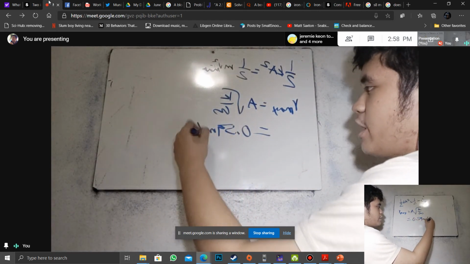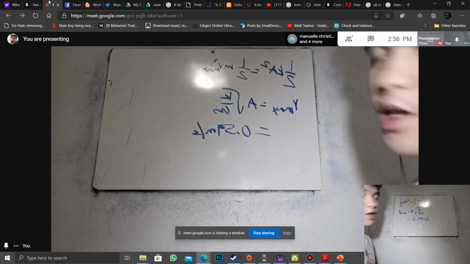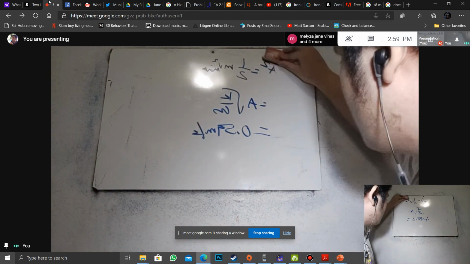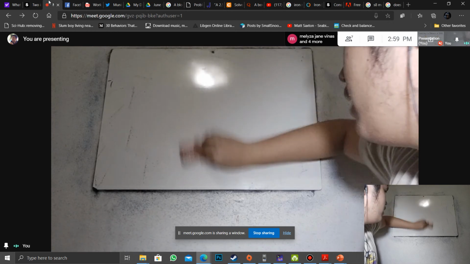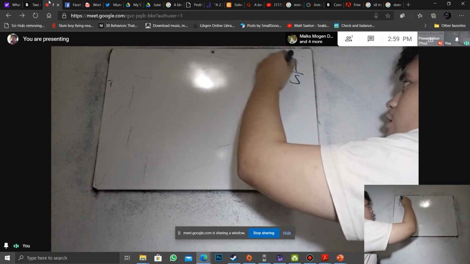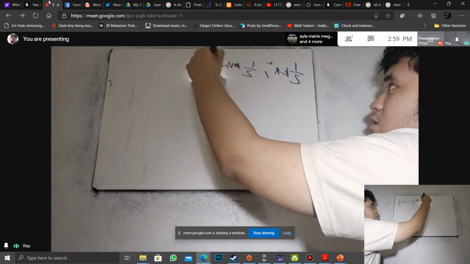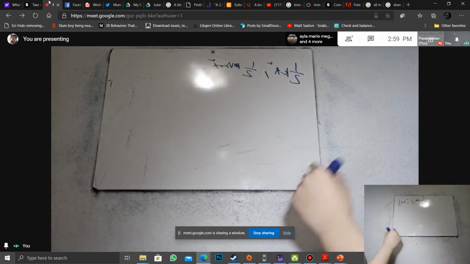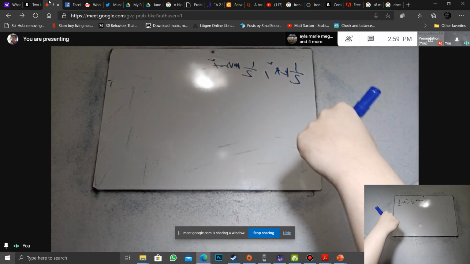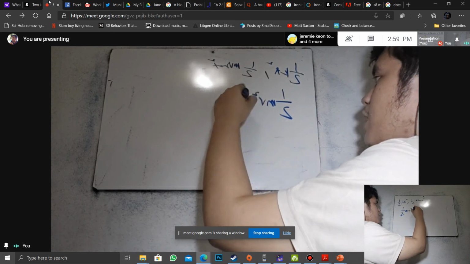Next, letter C, the total mechanical energy. There are two paths here, guys. Total mechanical energy is the same anywhere. You can use 1/2 kA squared or 1/2 m vmax squared. But I'll use the given values so I have no other calculating to do: 1/2 mv squared plus 1/2 kx squared.